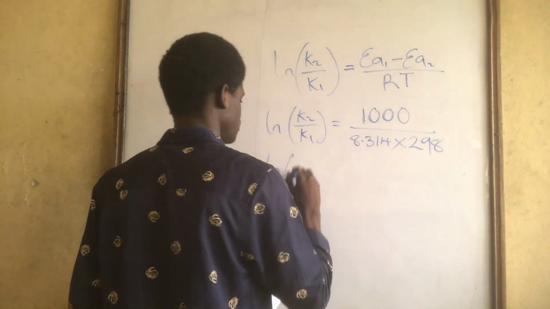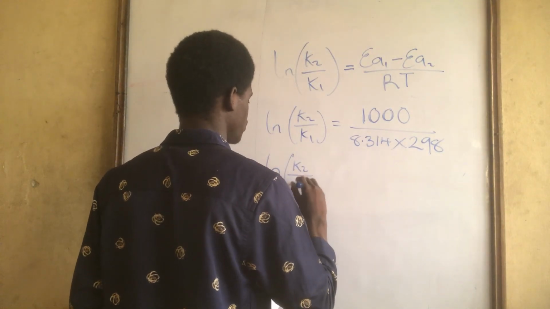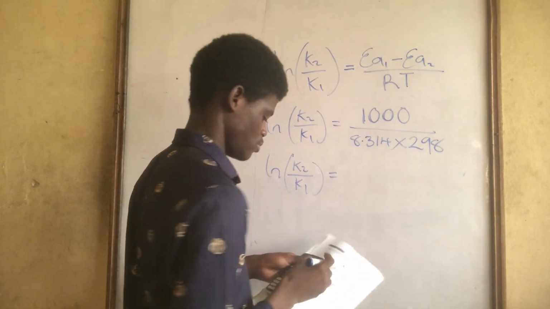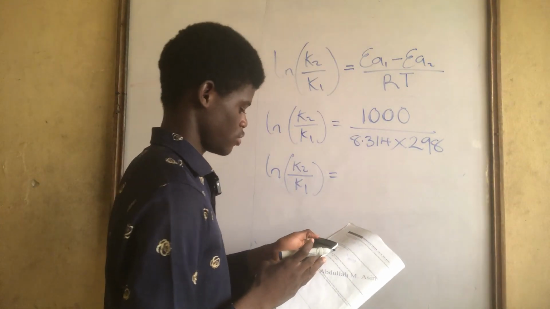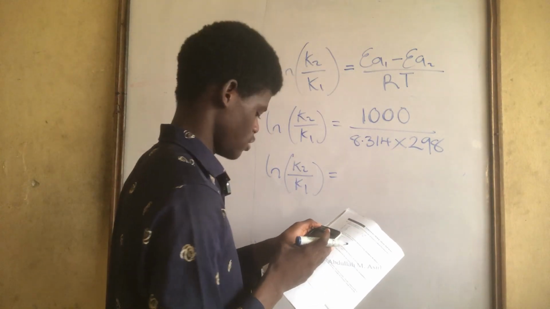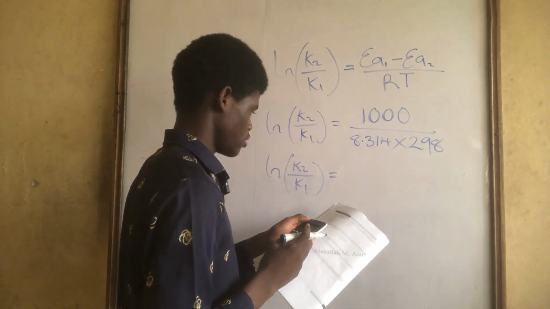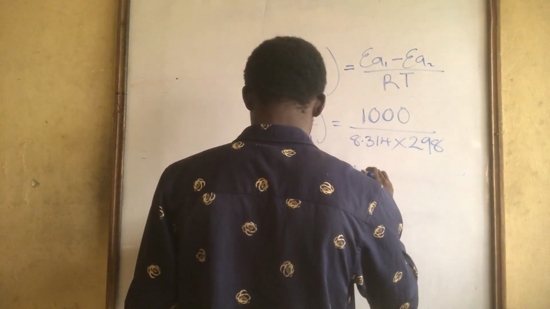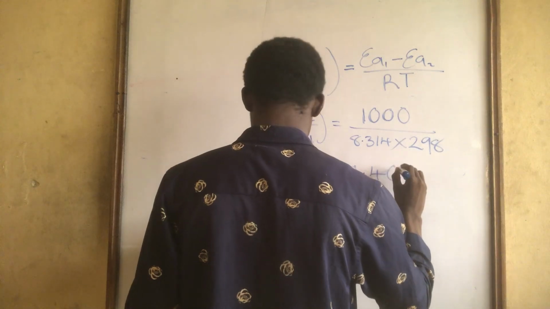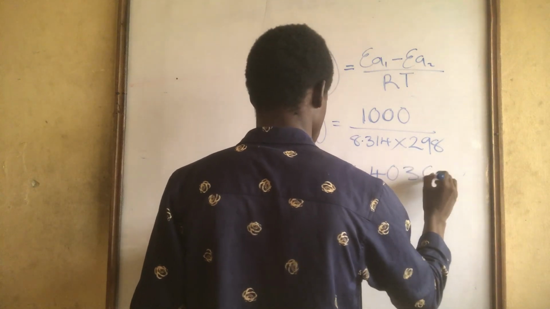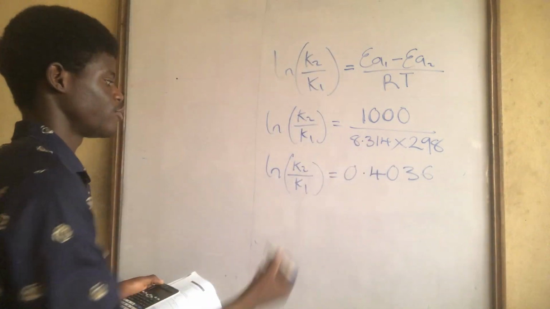This will be ln K2 over K1 is equal to 1000 over 8.314 times 298, and that will be 0.4036. Then I'll take the exponent of both sides.